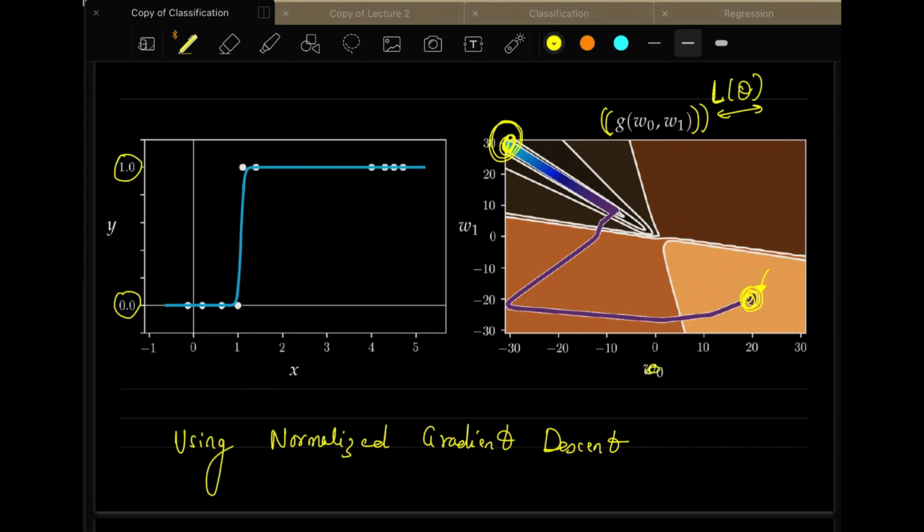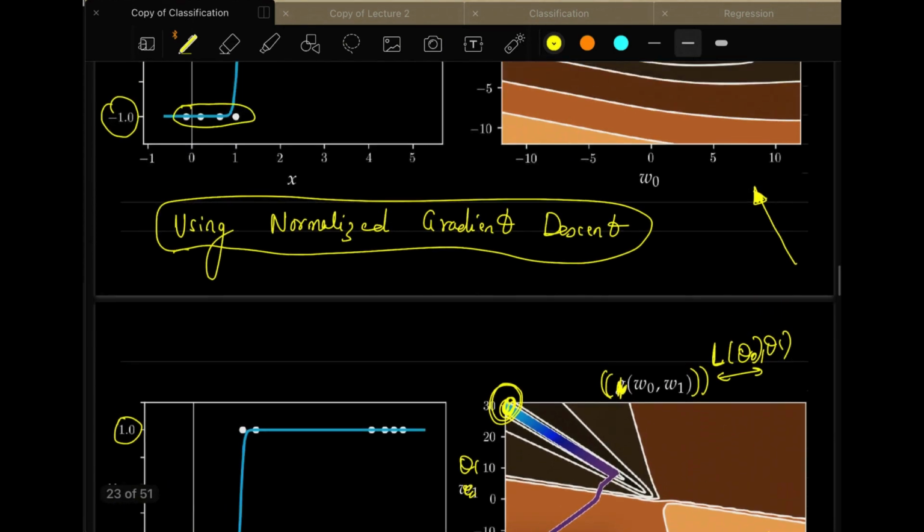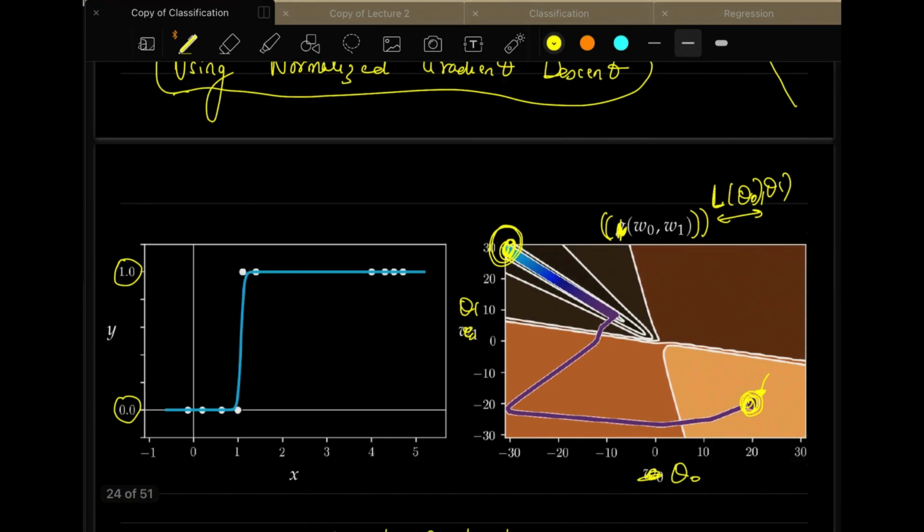And these are not W0; this is theta 0 and theta 1. So this is the contour plot of this cost function. This is not G. This is L of theta 0 comma theta 1. So this is the example for this particular case, where we approximated the unit step by sigmoid.